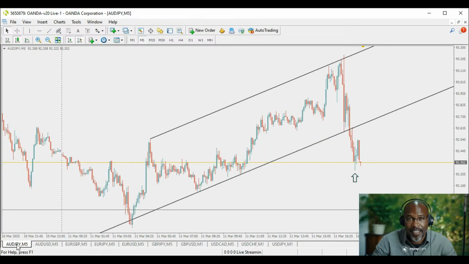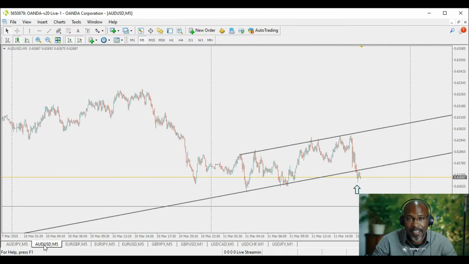The Aussie dollar, Japanese yen is not confirming an upward turn. Same is the case with the Aussie dollar, US dollar.